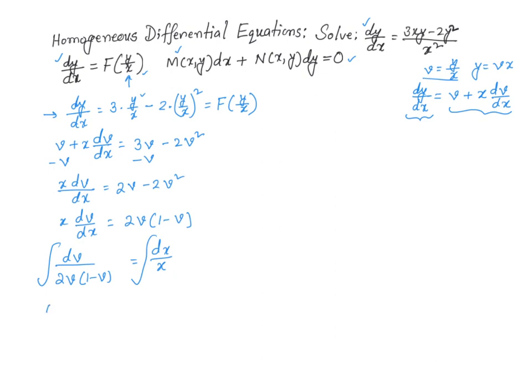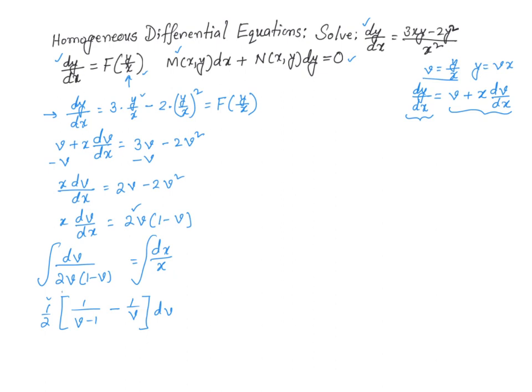Now this integral is pretty straightforward. On the left hand side I could write 1/2, and I could put this 1/2 on the other side by multiplying both sides. I could rewrite this as 1 over v minus 1, then minus 1 over v, dv. You can check that it works out.